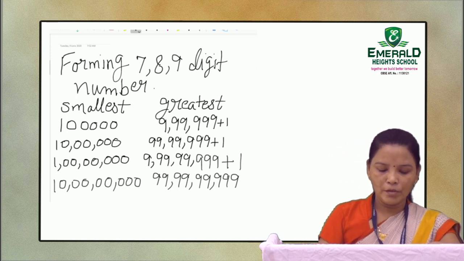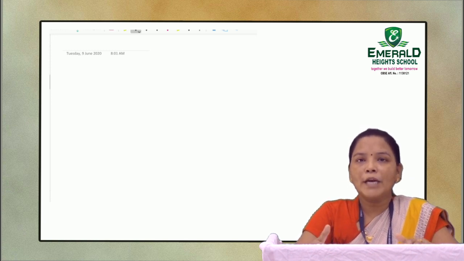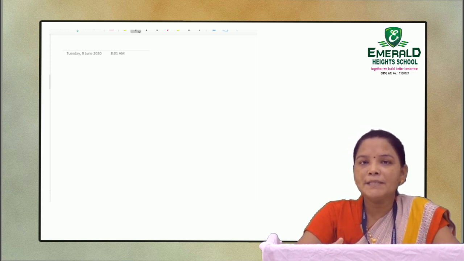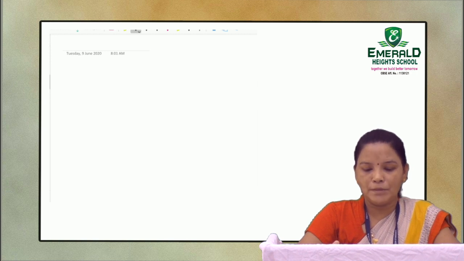Now we will learn how to write these numbers in particular places, and we will learn how to write the numbers in the Indian place value system.